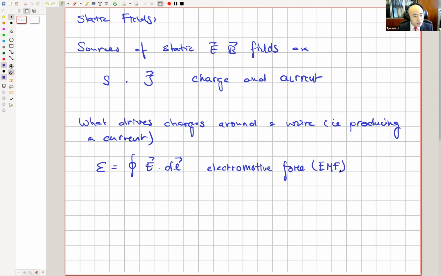I may actually prefer to say EMF because I don't have to say the word force, because simply, it's the work done per unit charge in a circuit.